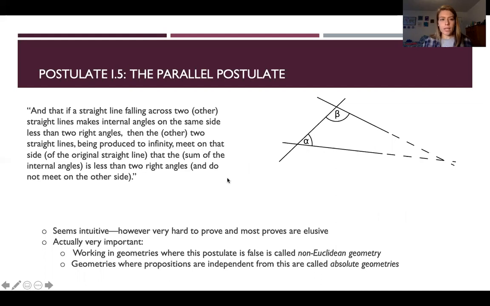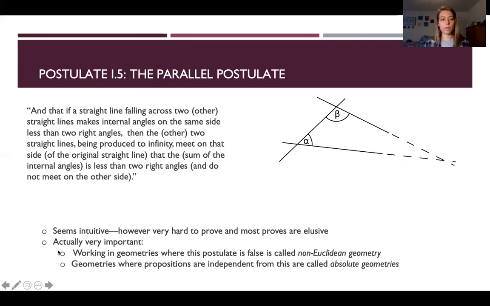The only postulate that I want to highlight is the parallel postulate. It's his postulate 5, and I'm going to go ahead and read it for you. If a straight line falling across 2 other straight lines makes internal angles on the same side less than 2 right angles, then the other 2 straight lines, being produced to infinity, meet on that side of the original straight line where the sum of the internal angles is less than 2 right angles, and do not meet on the other side.